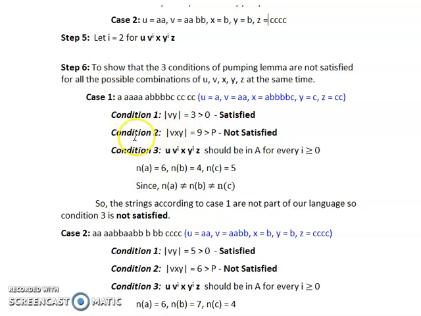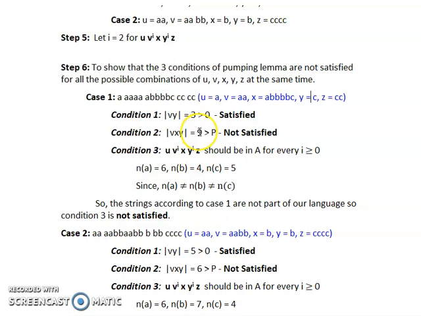Now let's check for condition 2. In condition 2, we are taking v, x and y together. So the length of v is 2, double a. Length of x is 1, 2, 3, 4, 5, 6. The length of x over here is 6. And the length of y is 1. So it totals to 2 plus 6 plus 1, 9.